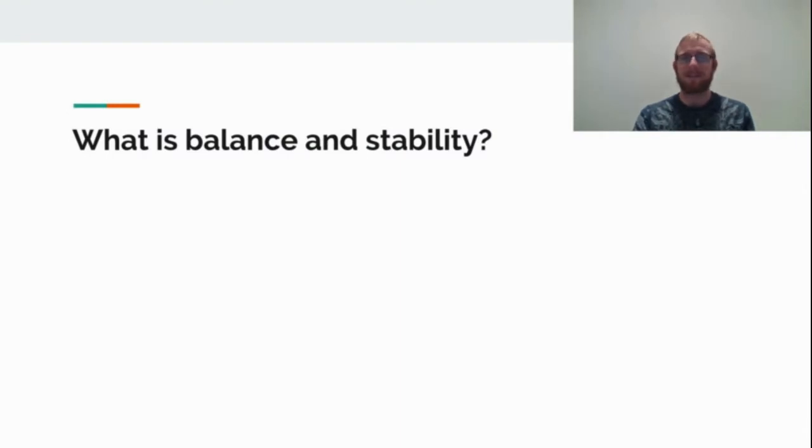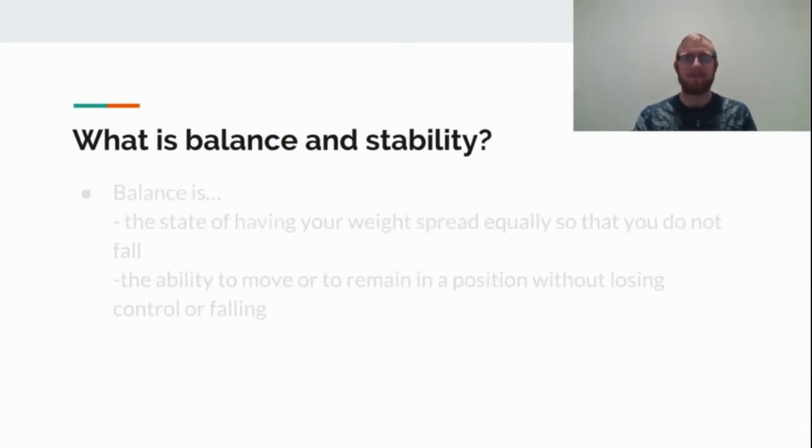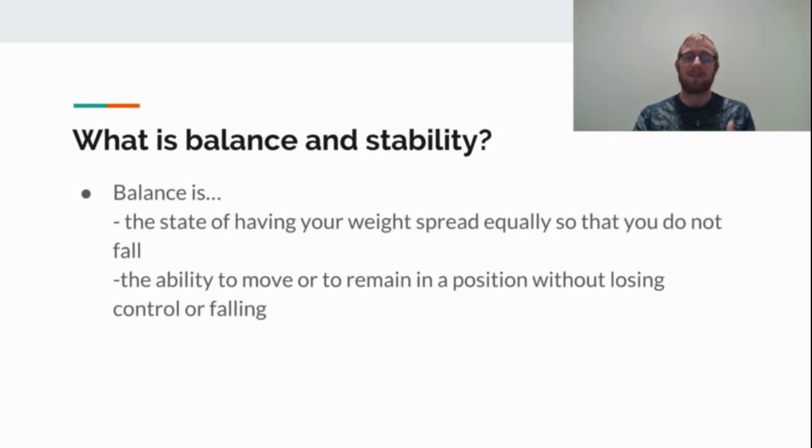So what is balance and stability? Let's start here. Balance is the state of having your weight spread equally so that you don't fall over, pretty straightforward, or the ability to move or remain in a position without losing control or falling. Now that sounds quite relevant to the movement that may be going on in physical activity.